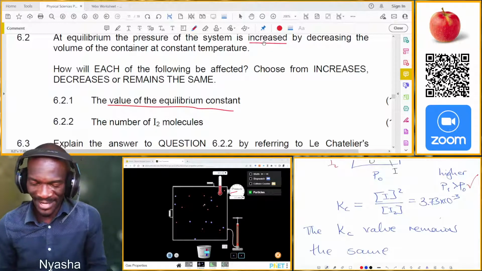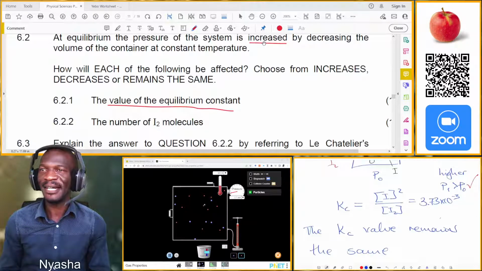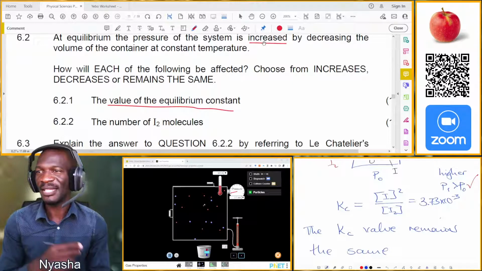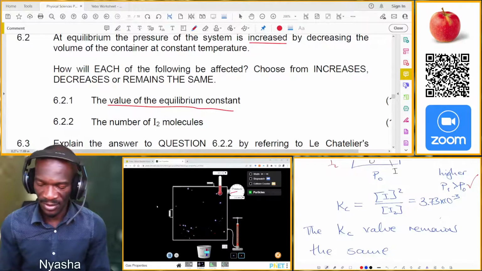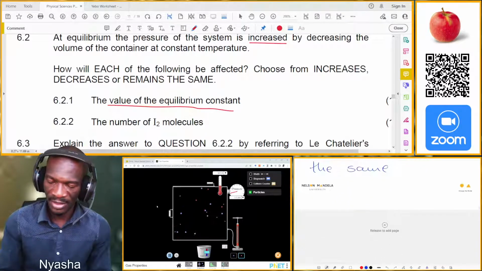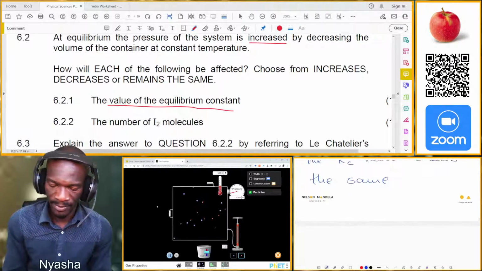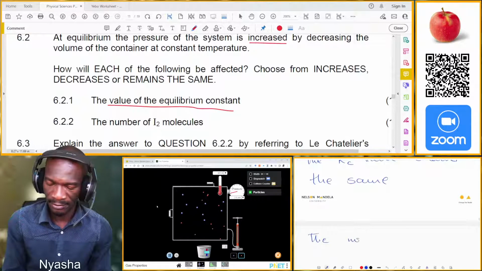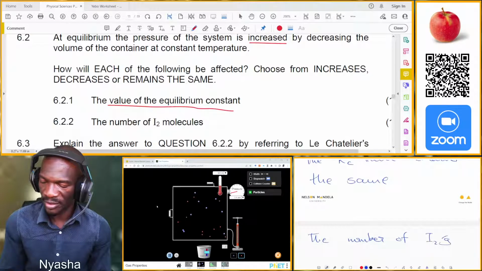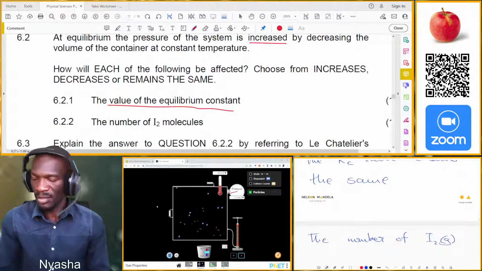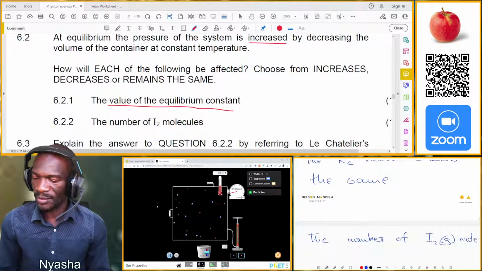Okay, so then what happens to the number of I2 molecules? What happens to the number of iodine molecules?